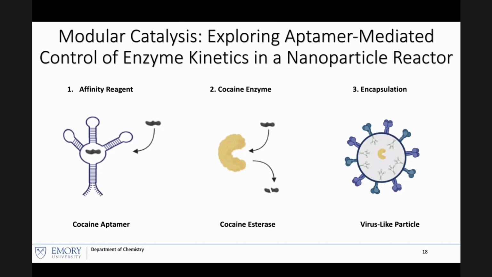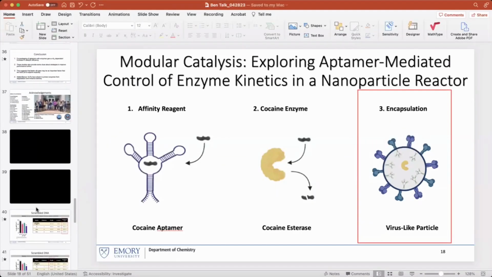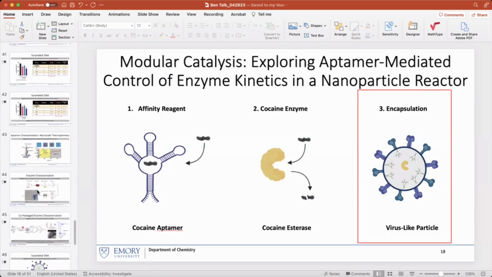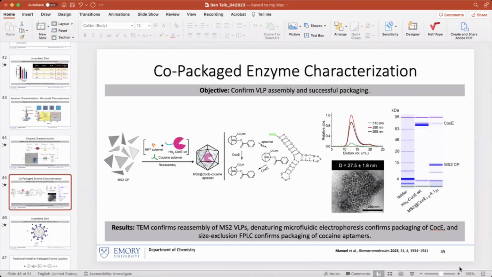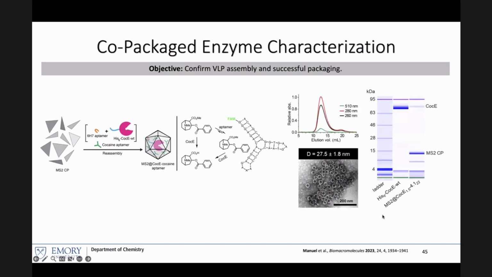Okay. How do you control the number of aptamers inside the VLPs? Great question. Oh, we've got the backup slides. That's smart. Showman did a fantastic job optimizing this, but we have a FAM on the aptamer so that we can visualize it inside of the VLP.